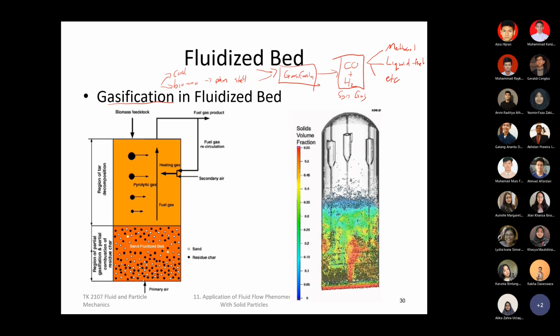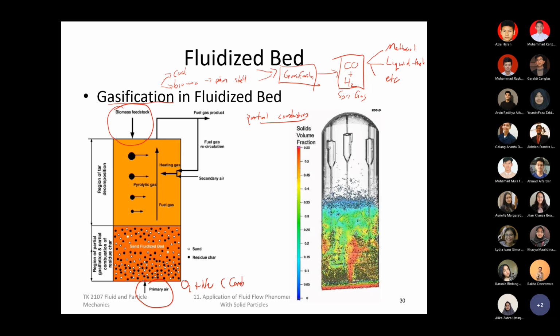So it's like a partial combustion. Why is it partial? That means you provide oxygen not up to the stoichiometric requirement. If you have coal or biomass, and this is the primary air, that's oxygen plus nitrogen that also serves as combustion air.